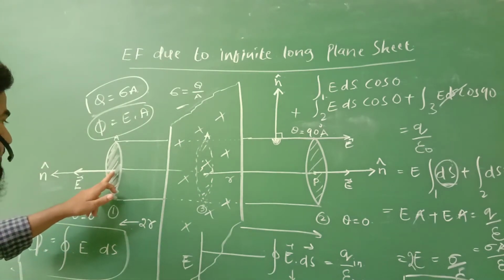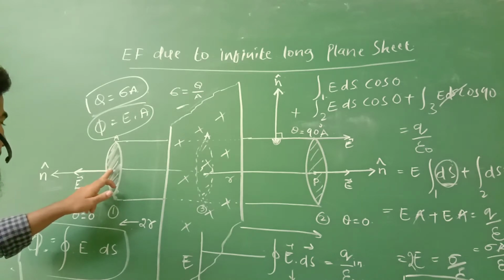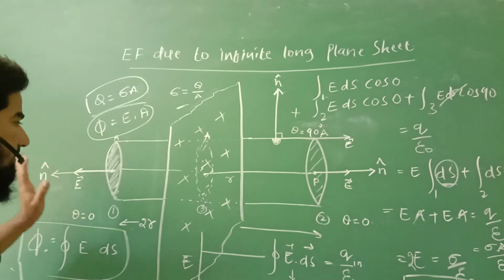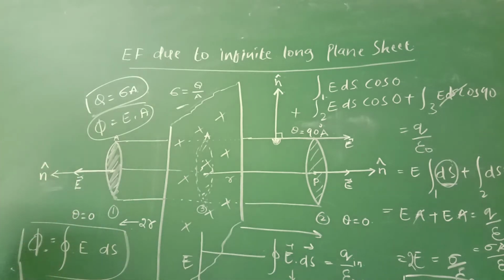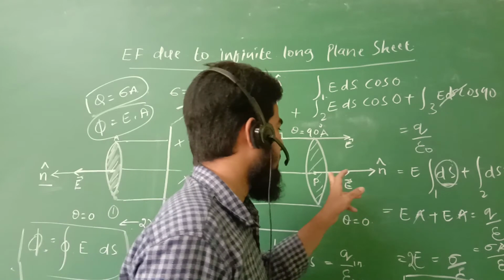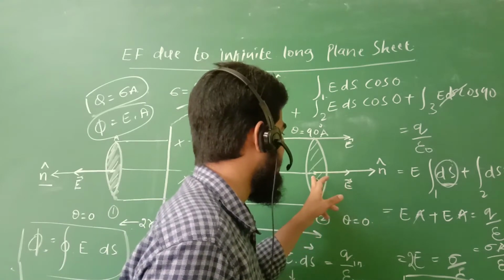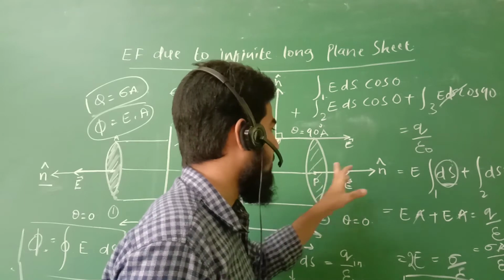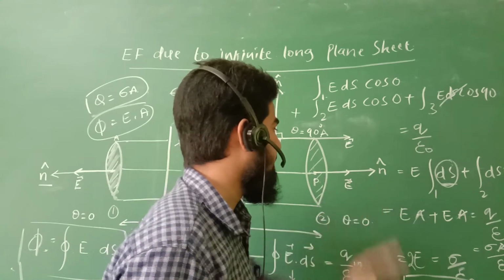See here, this is the area vector, perpendicular to the outward surface, which we have denoted as n cap. In the second portion also, the direction of the area is perpendicular to the outward surface, that is n.